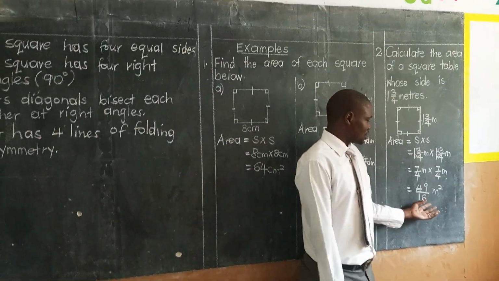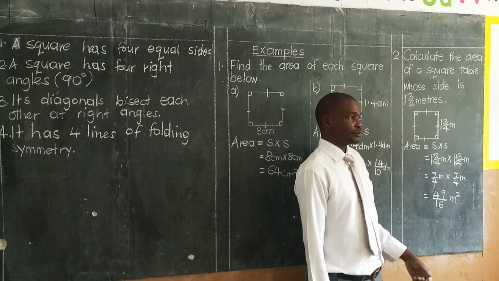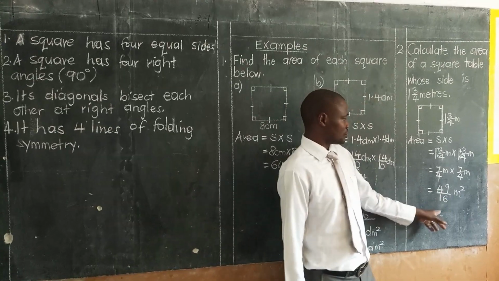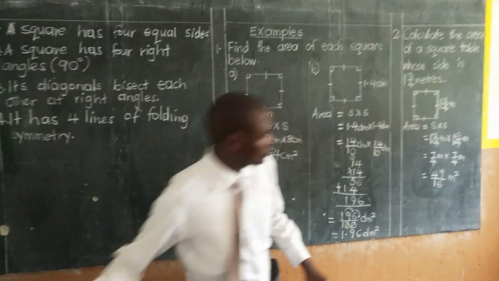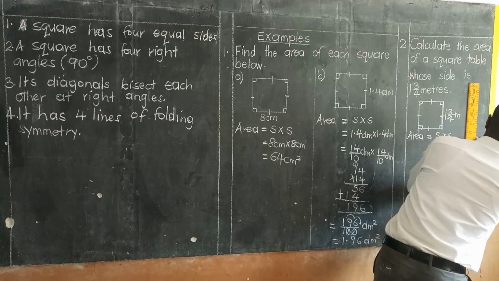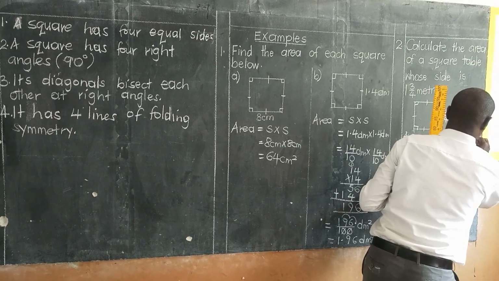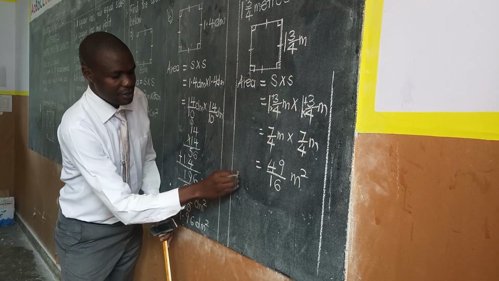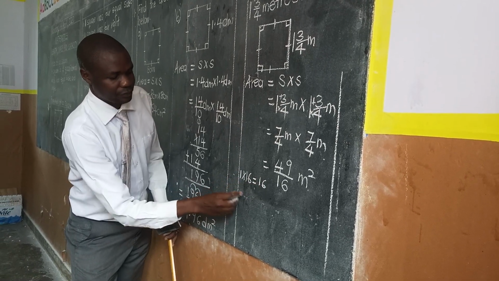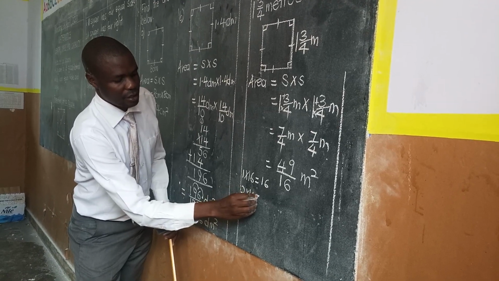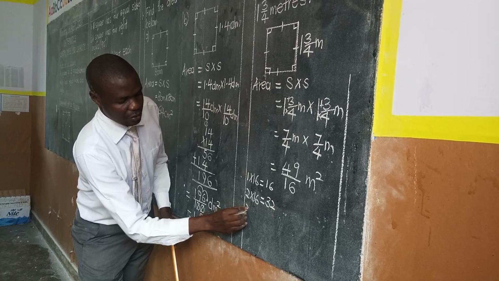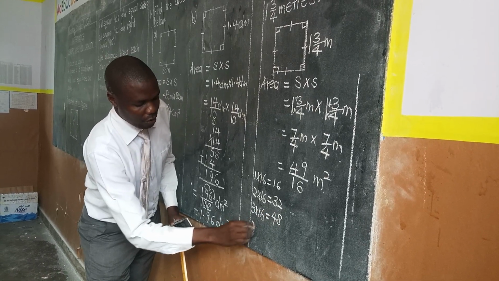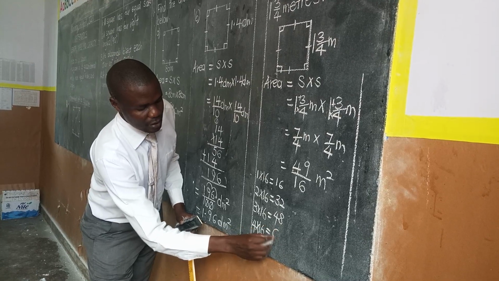If this is a little bit challenging, you can come up with the table of 16, which can help you convert an improper fraction to a mixed number. So we want to multiply: 1 times 16 will give us 16. 2 times 16 gives us 32. 3 times 16 gives us 48. 4 times 16 will give us 64.